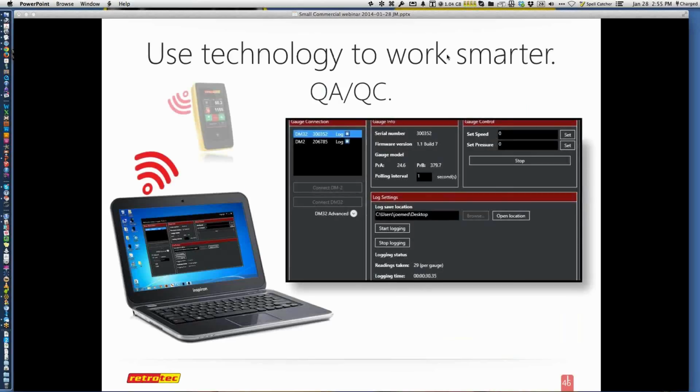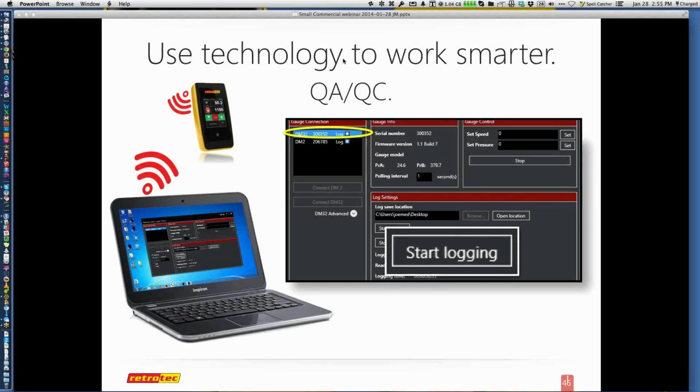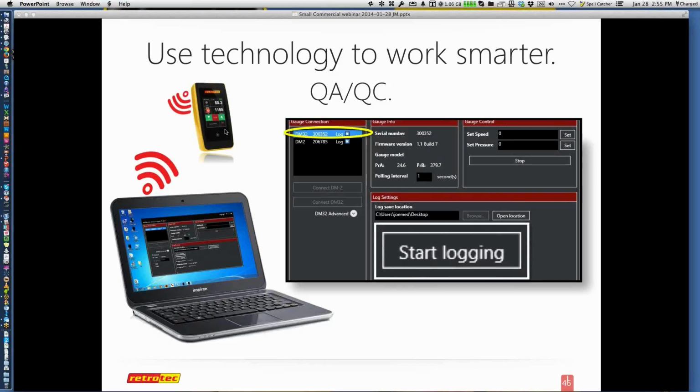The other way you can also document or keep track of some of the work you have is you can use your DM32, the new wireless gauge or wired gauge, or for those of you that still have the DM2, this data logger is free to download from the Retrotech website. It will hook up to your DM2 with a USB cable, or the DM32 can also be done wirelessly.